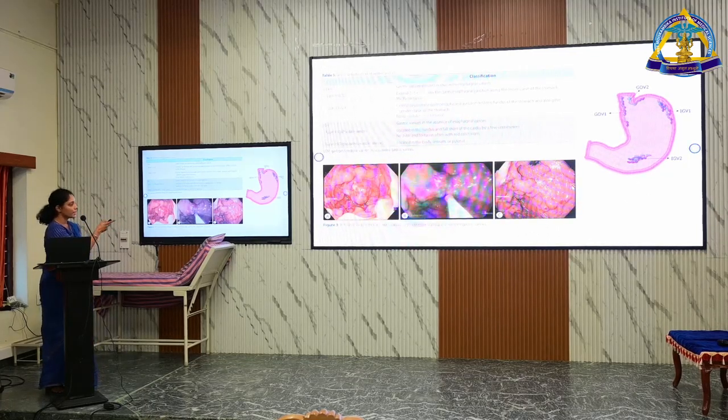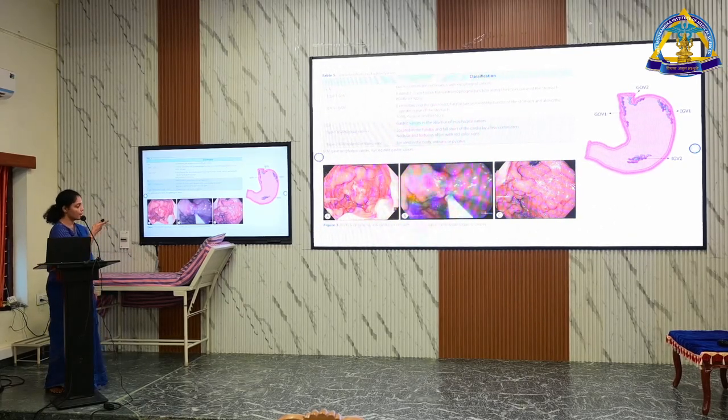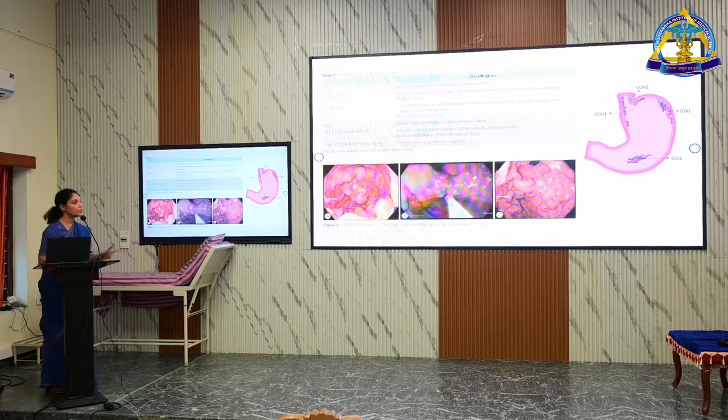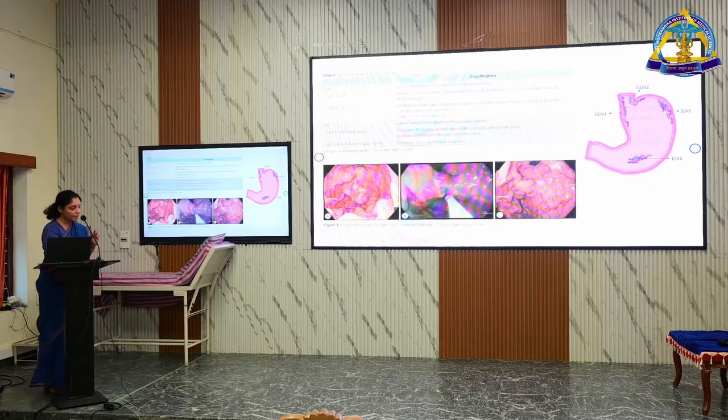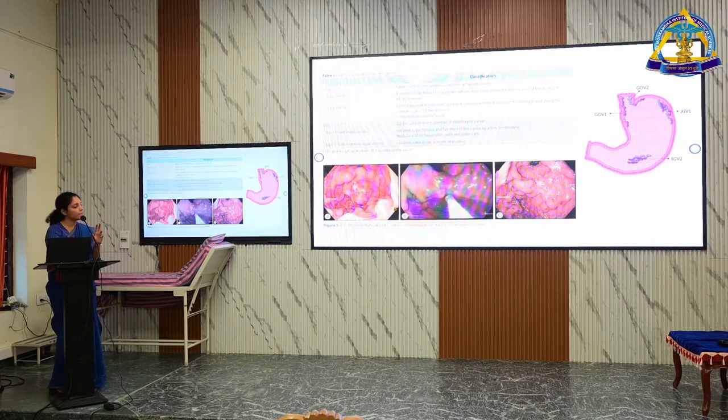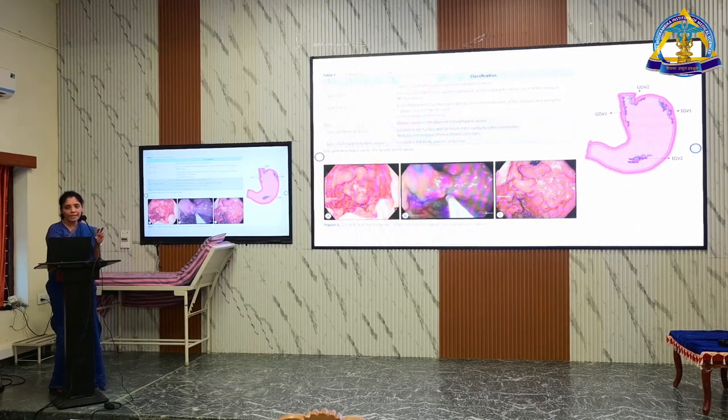And in the second picture, they're telling that it's an isolated gastric varix, that we can understand only by seeing the esophagus also. If it is in the absence of esophageal varices, it's an IGV1, isolated gastric varix. So usually we tackle them with glue injections. Another thing is that recently many endoscopists are giving it through the EUS, endoscopic ultrasound, also.